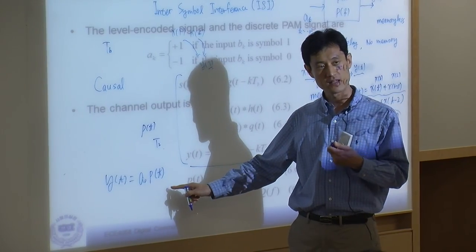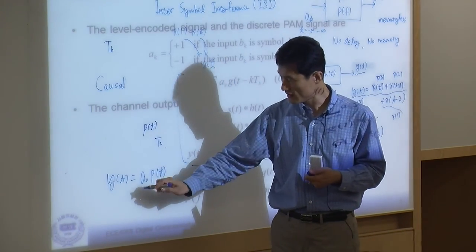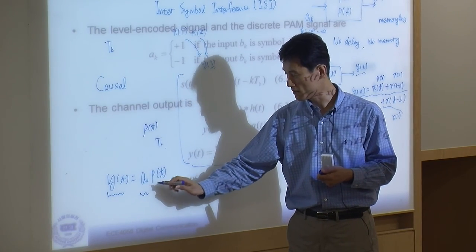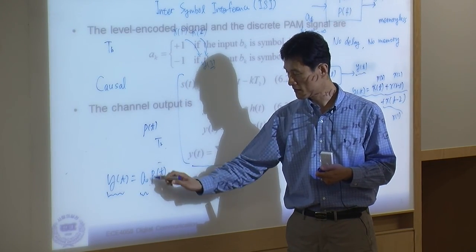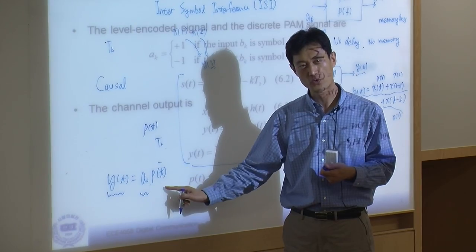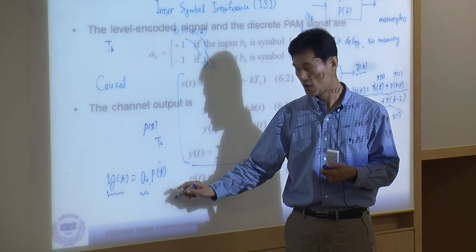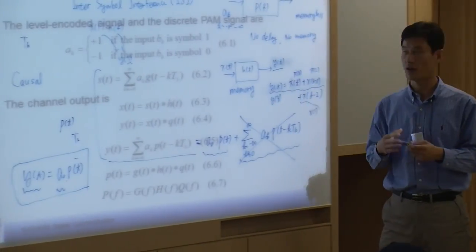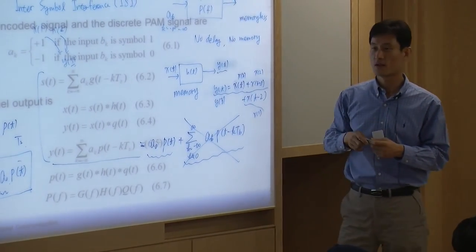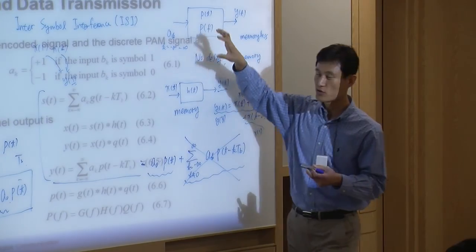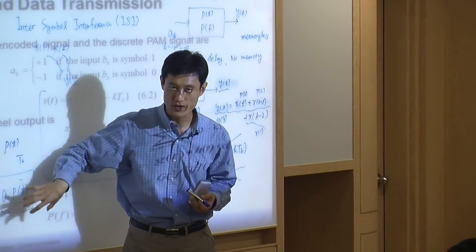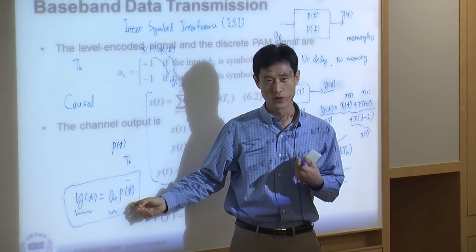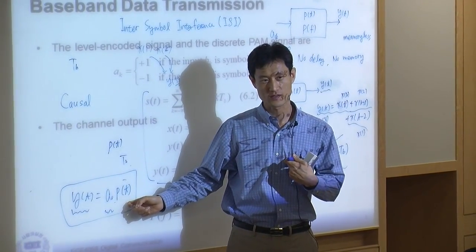If we can make it this way, then the output equals input times impulse response with no delay, with no memory. So this is the eventual relationship we want to have in this block. We want to make this block have this input-output relationship. That's our goal.